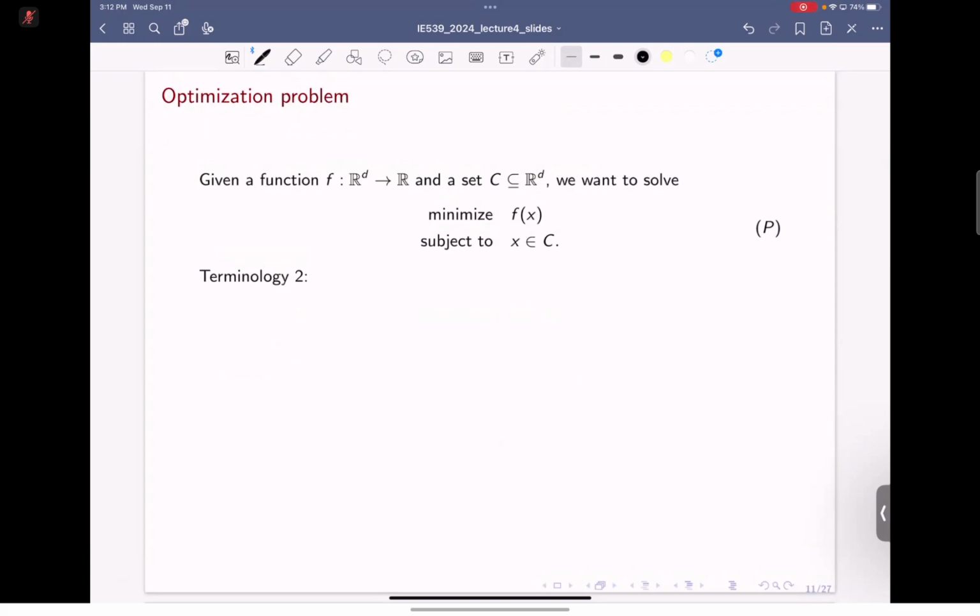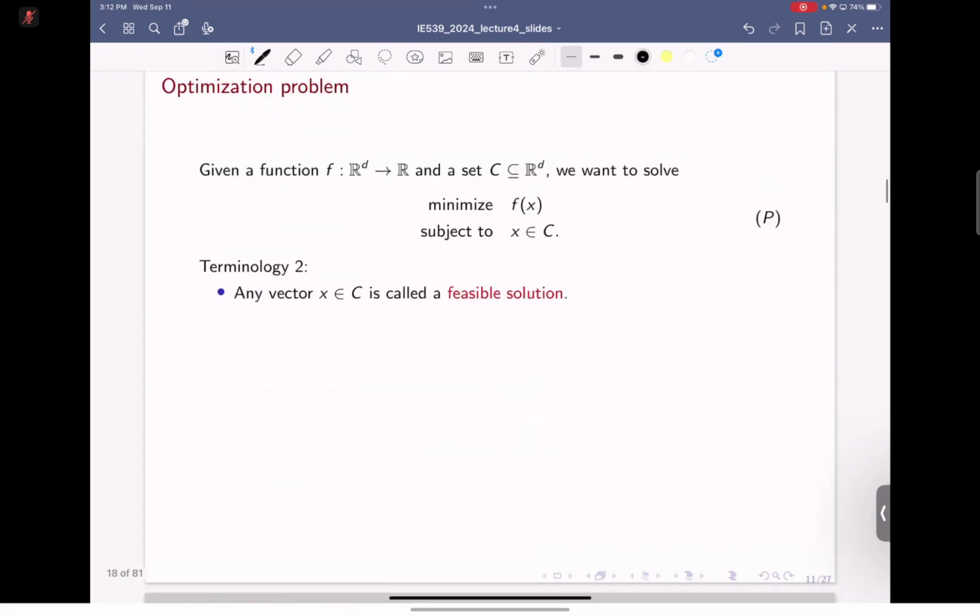Okay, the next set of terminologies. Any vector that belongs to the domain is called a feasible solution. Just remember this terminology, feasible: it satisfies the constraints.